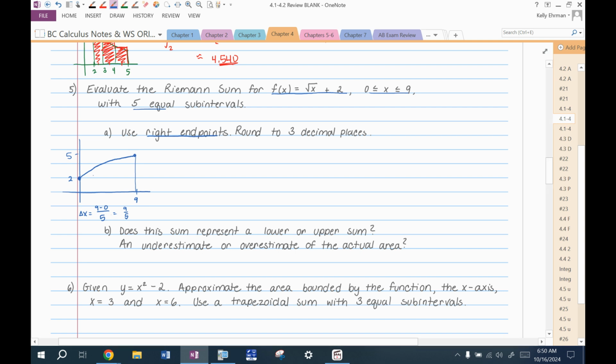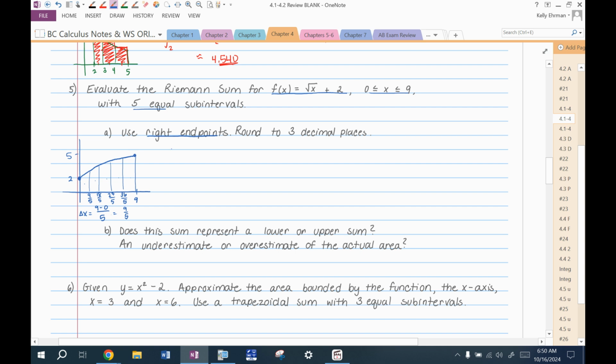But if you're just doing 5 equal parts, I'm going to do my best to sketch this in. 1, 2, 3, 4, 5 equal subintervals. Just count by 9/5. Like from 0 to 9/5 is 9/5. 18 over 5, 27 over 5, 36 over 5, 45 over 5 would be 9. So there's that. This is why we're using a calculator.